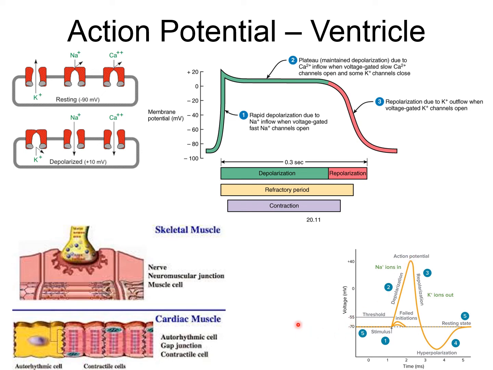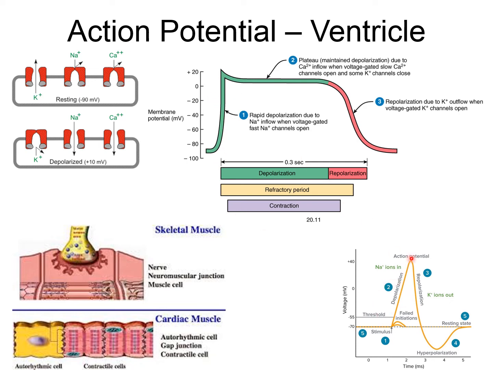In quantities minus 70 is smaller than plus 30, but these are not quantities, these are charges. The 70 and 30 are the quantities, so 70 is always greater than 30, but these are negative charges, so it is called minus 70, and the plus 30 are positive charges. So minus 70 is greater in magnitude than plus 30, and it is called depolarization. It is similar to that of the cardiac muscle.